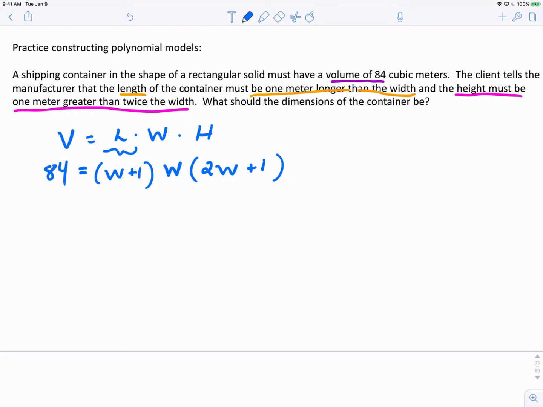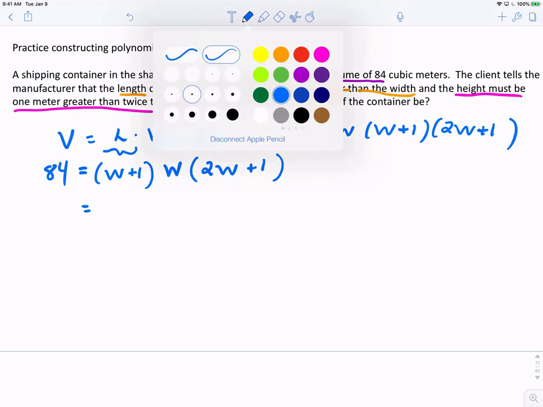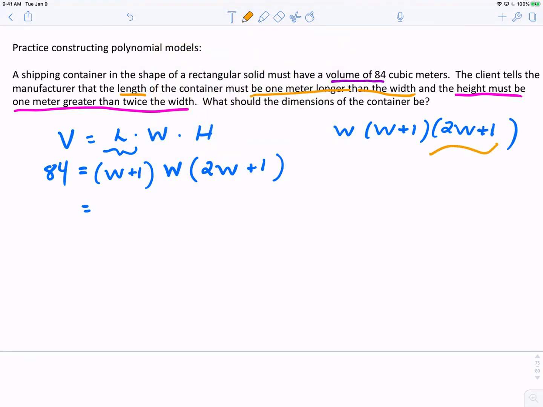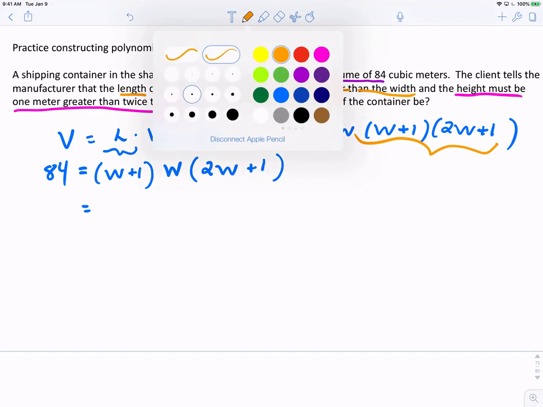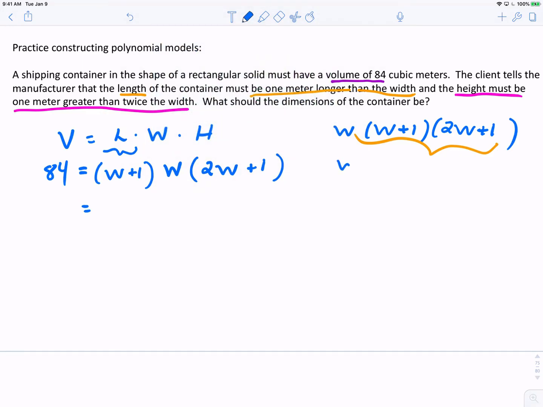So what we would do is multiply these values together. Let's go ahead and start doing that. If you want, you can rearrange them because the arrangement is a little awkward the way we have it written so far, so I'm going to rewrite the order. Then I'm going to start by multiplying these polynomials together by distributing, or however you like to do that.